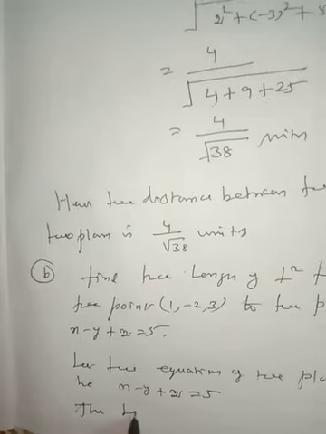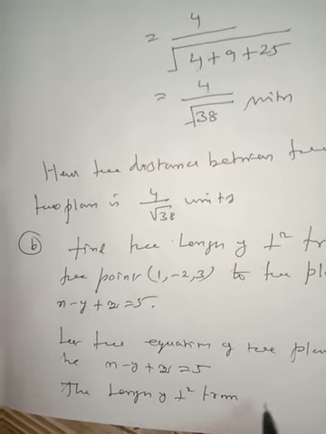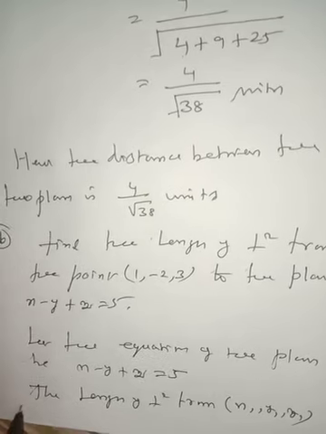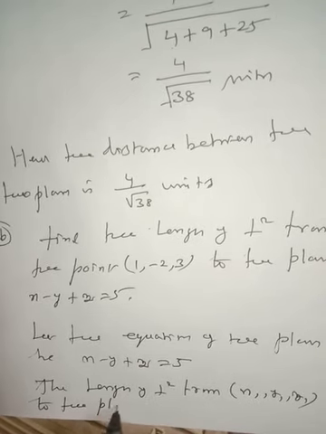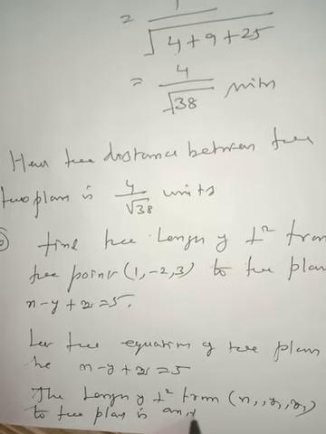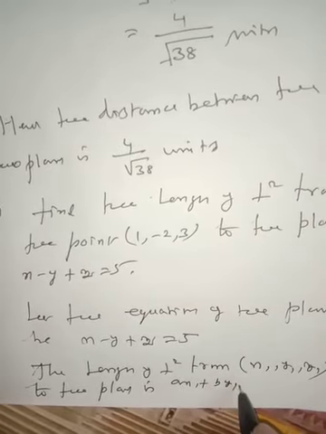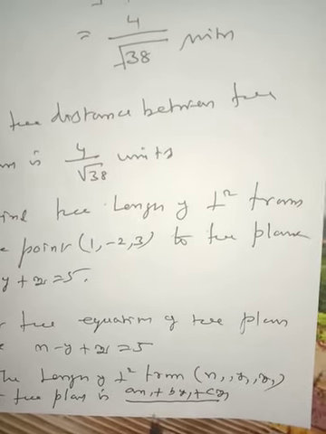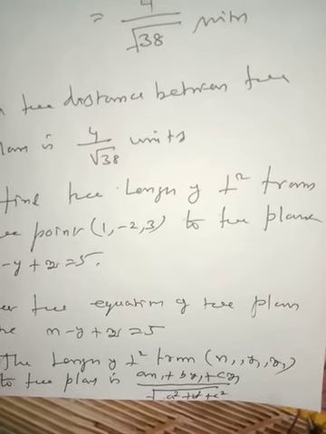The length of perpendicular from the point x1, y1, z1 to the plane is ax1 plus by1 plus cz1 divided by root of a square plus b square plus c square.